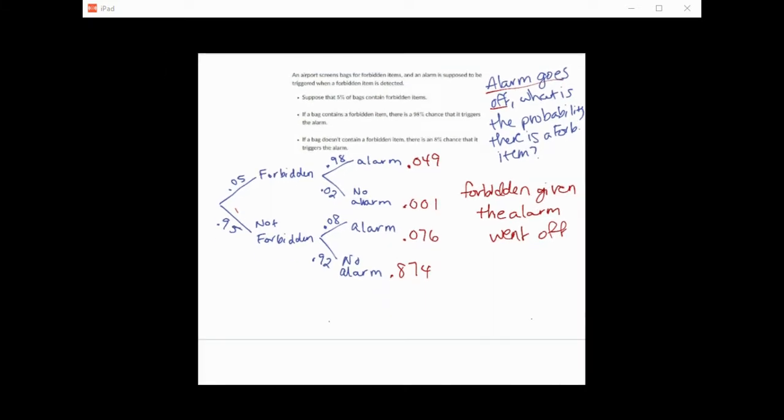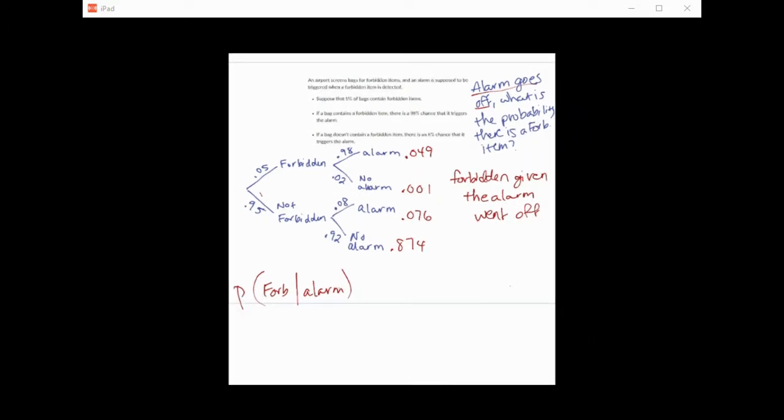So the probability of forbidden given alarm. We need the probability that the alarm goes off and the probability of forbidden and alarm. That's what we need for our formula.